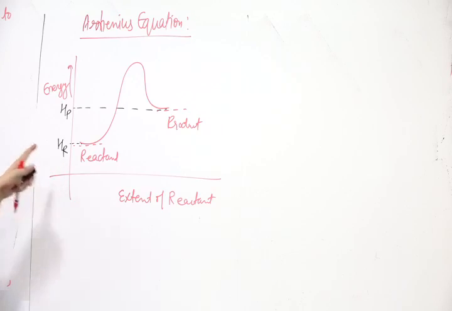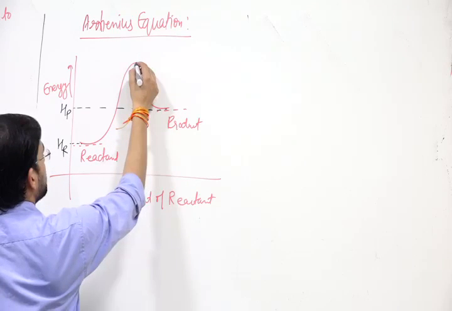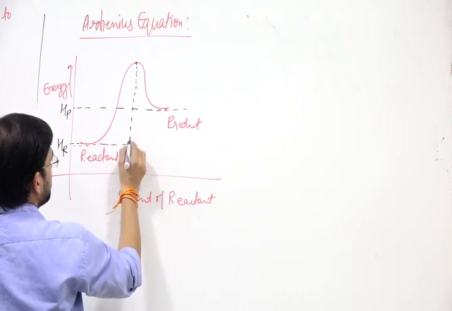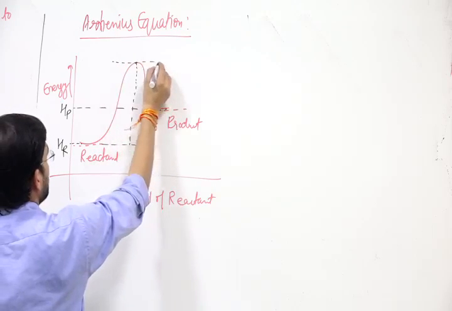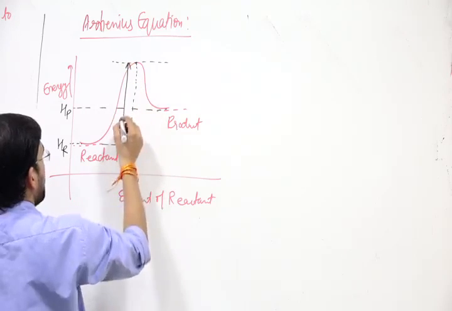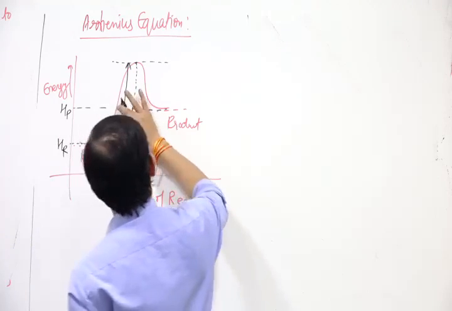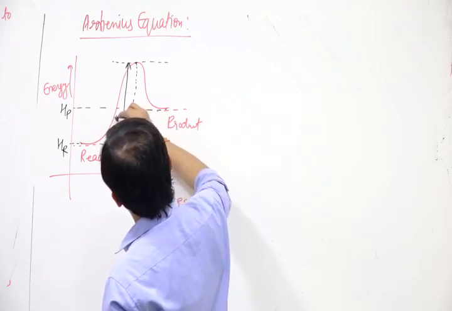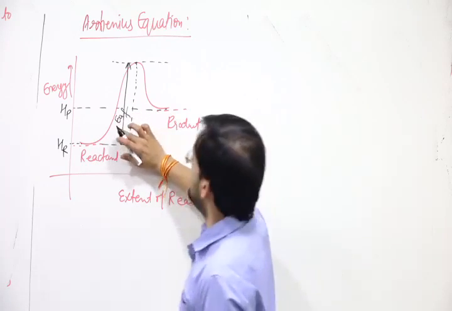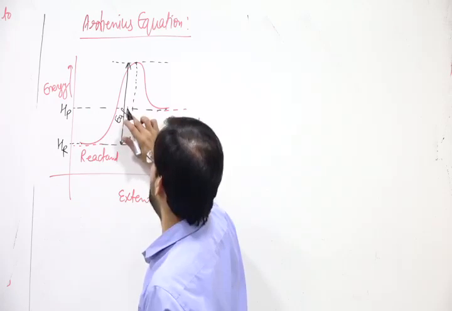HR is the enthalpy of reactant, HP is the enthalpy of product. This gap here is known as EAF, the activation energy of the forward direction.